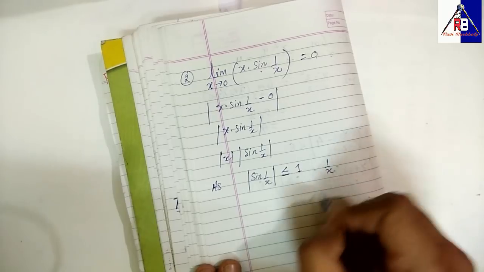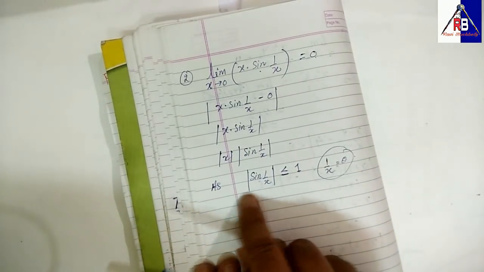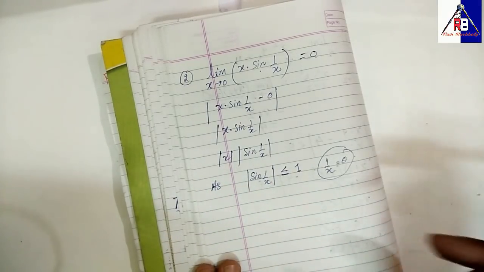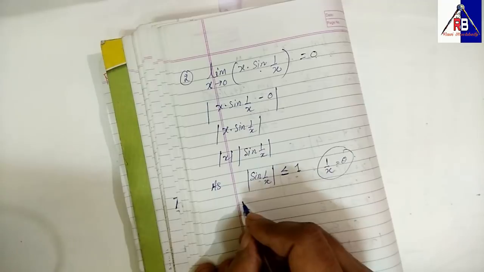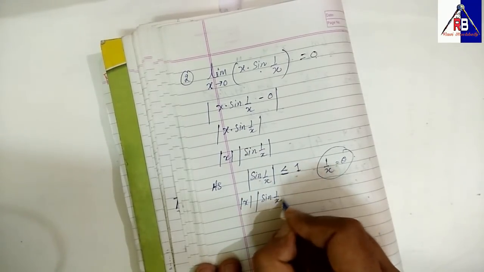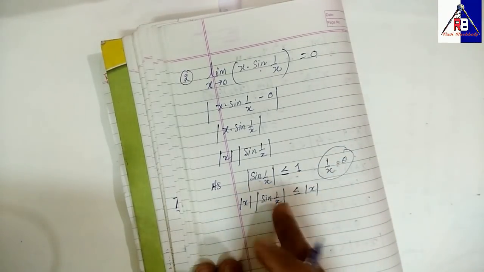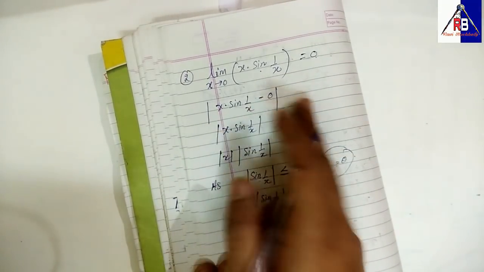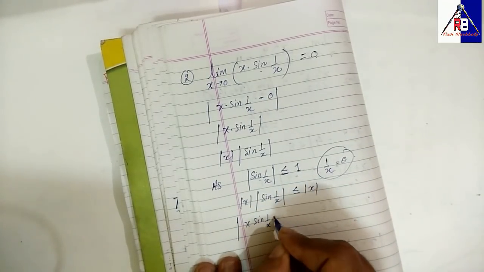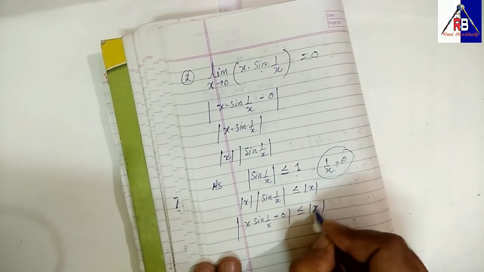This is some angle theta, so modulus sine theta is always less than or equal to 1. Now if we multiply both sides by modulus x, what we get is this. Now this is our f(x) minus L, so I can write it as this as well.